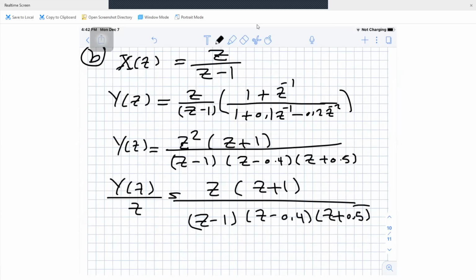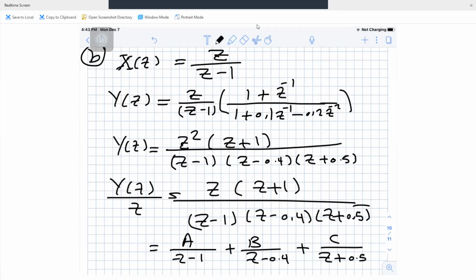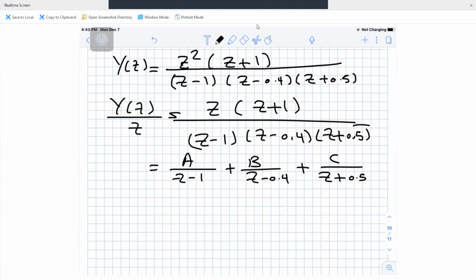Of course, it will be A/(z - 1) + B/(z - 0.4) + C/(z + 0.5). You can do it by yourself, determine A, B and C, and finally Y(z) will be the following.